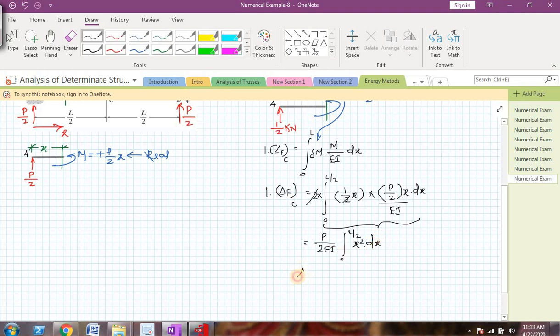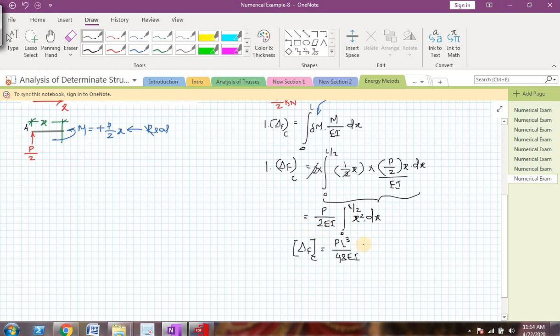If you solve that, you will get delta F at C as PL cube by 48 EI. So this will give you the deflection at C.